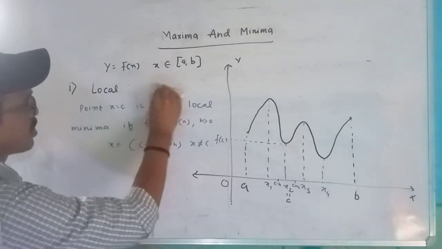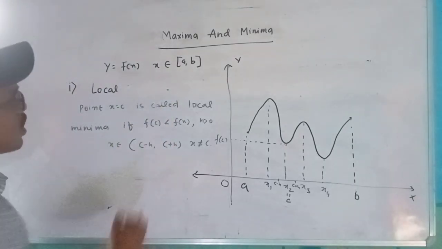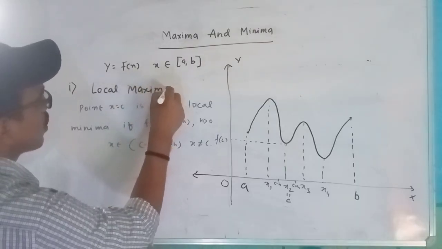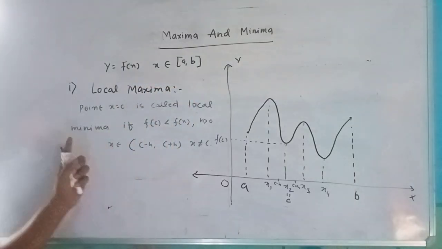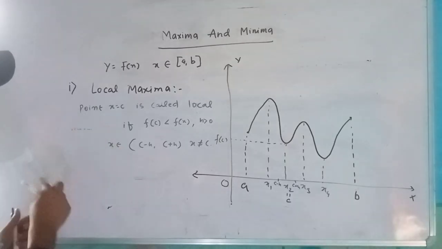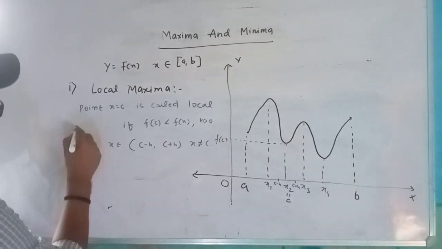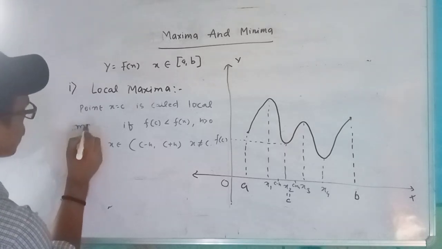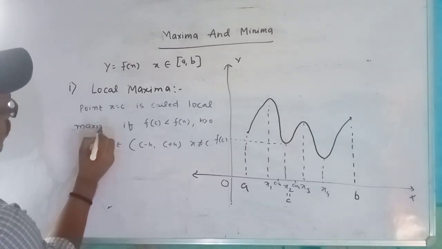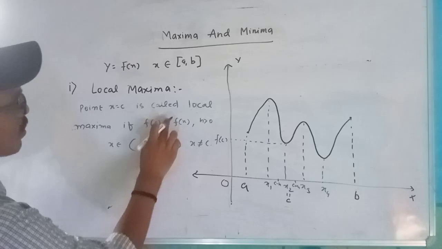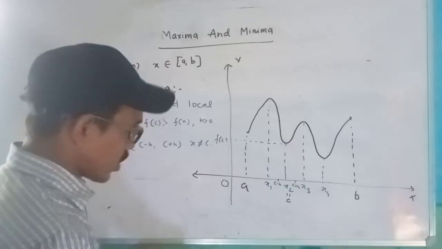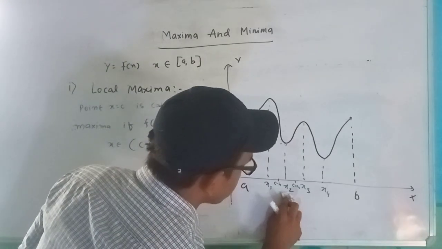A point c is called a local maximum if f(c) is greater than f(x) in its neighborhood.